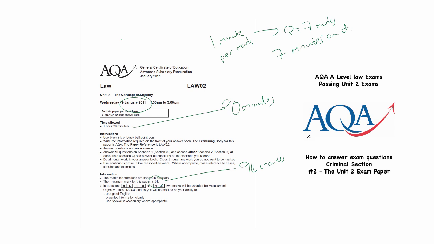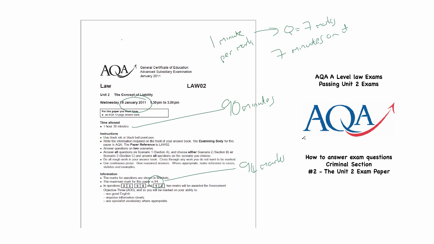Now that seems absolutely obvious, but it's so easy to allow the paper to run away with you. The grade boundaries in AQA are so narrow that if you accumulate 1 extra minute per question throughout the paper, you probably will not be able to answer the last 2 questions. And that means that you are automatically putting your grade in jeopardy.